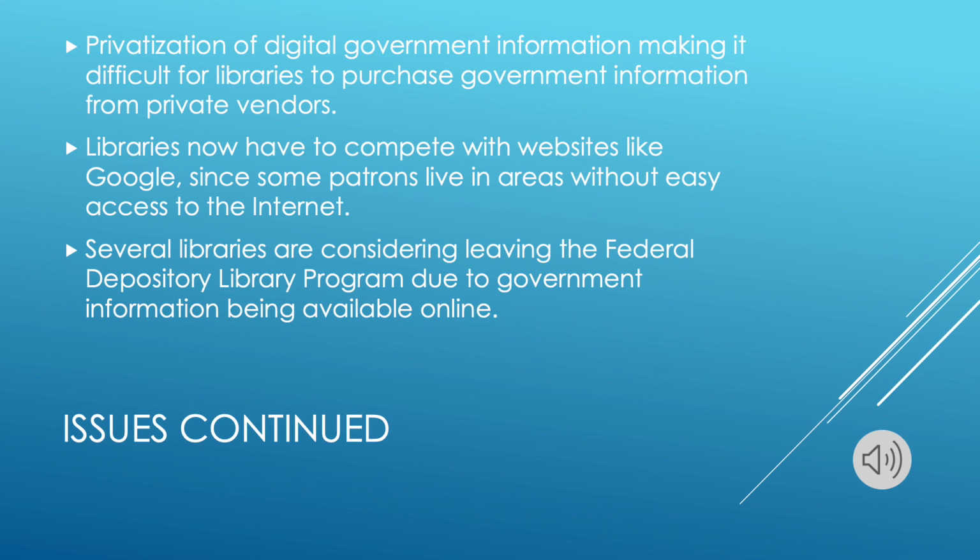This can be especially prevalent in areas where users have limited access to the internet. This can lead to several libraries dropping out of the FDLP altogether out of not being able to compete with websites like Google at providing easily accessible digital government information.